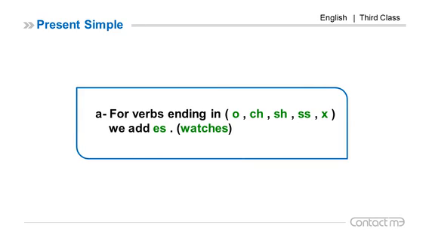For verbs ending in o, ch, sh, double s, x, we add es with the 3rd person singular, he, she, it. Watch, watches. The verb ends in ch, so instead of s, we add es. Another example, go. She goes to school. Go ends with the letter o, so we have to add es.